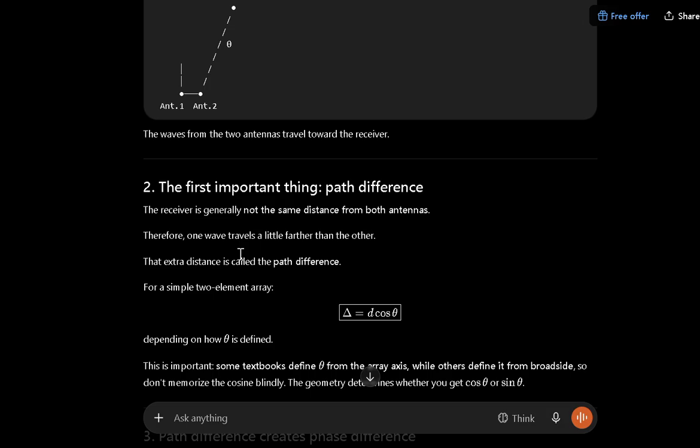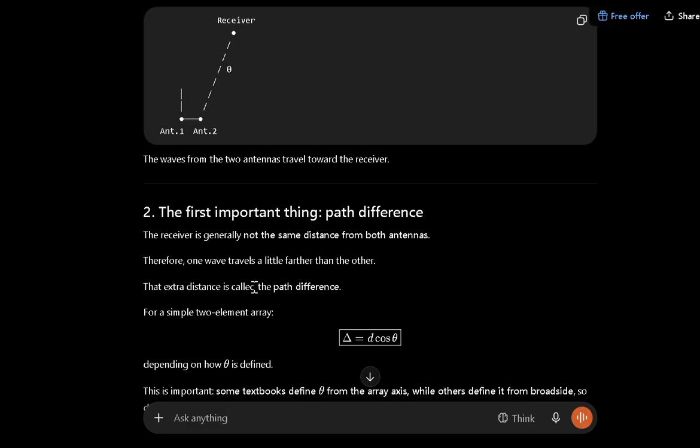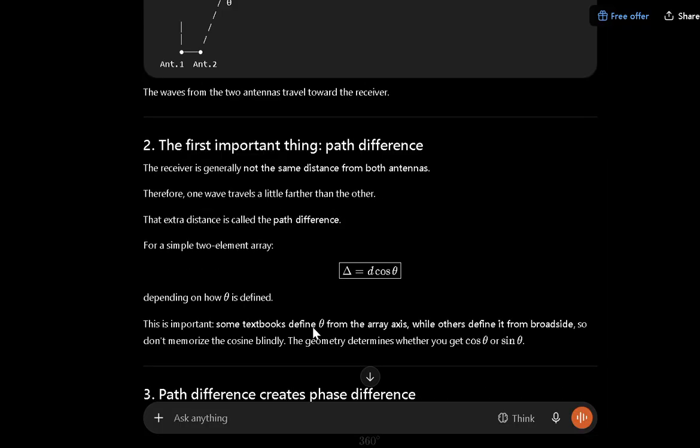Therefore, one wave travels a little farther than the other. The extra distance is called the path difference. For a simple two-element array, delta equals d cos theta, depending on how theta is defined. Some textbooks define theta from the array axis, others from broadside, so don't memorize the cosine blindly. The geometry determines whether you get cos theta or sin theta.